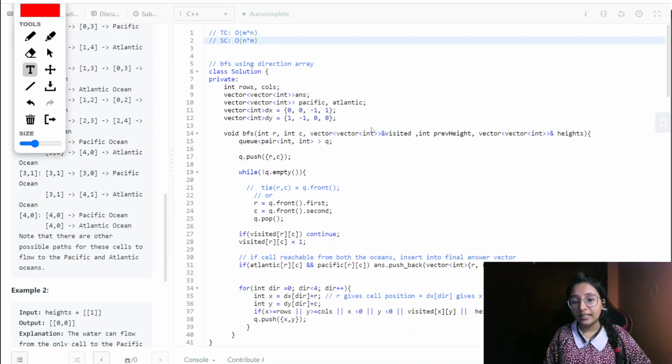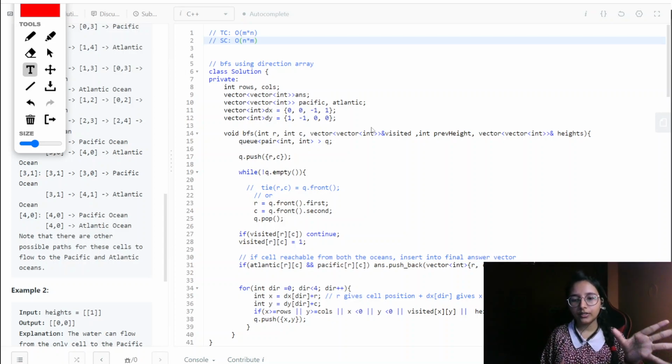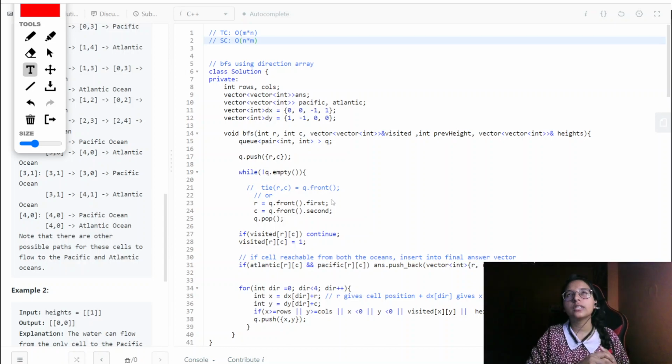We are given a matrix, and in that matrix we are traversing rows and columns, and for traversing the whole matrix we require that time complexity, because it will be in nested loop manner. For the space complexity, in the worst case scenario we will be storing up to the whole matrix in the external data structures which we are taking.